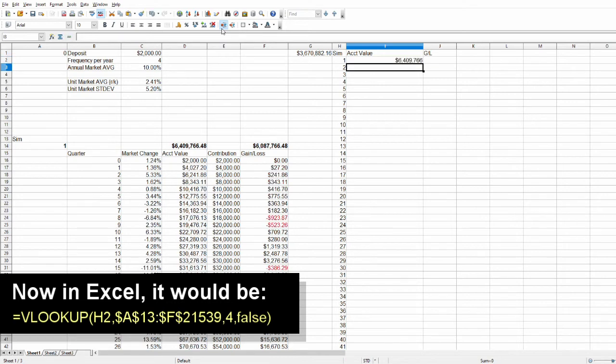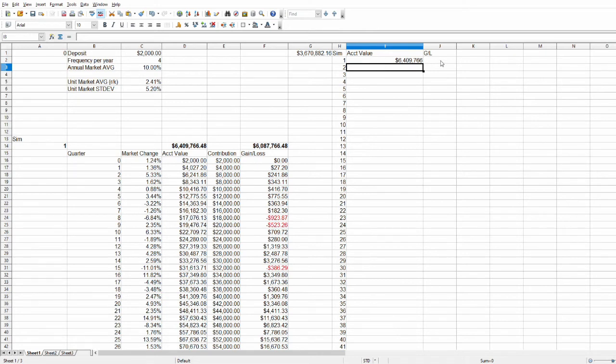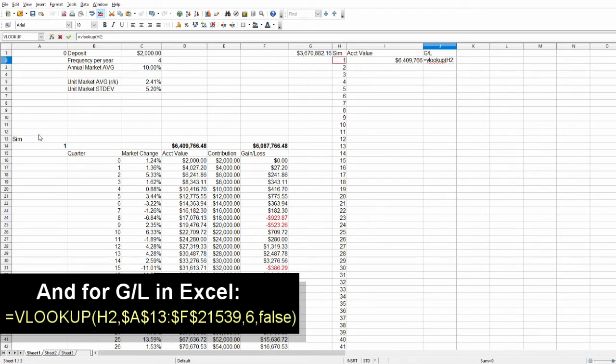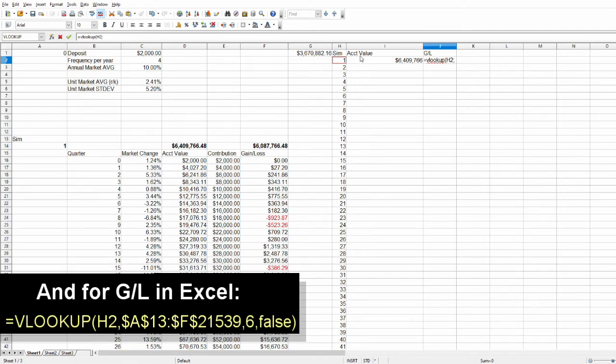So I'm going to enter, and now I'm going to do the same thing for gains and losses. I'm going to say equals VLOOKUP, make sure you spell it correctly, open parenthesis. What am I looking for? I'm looking for the number 1 because that's my simulation. Comma or semicolon. I'm looking in this gigantic array. Now it's the same array as what I'm looking for in account value.